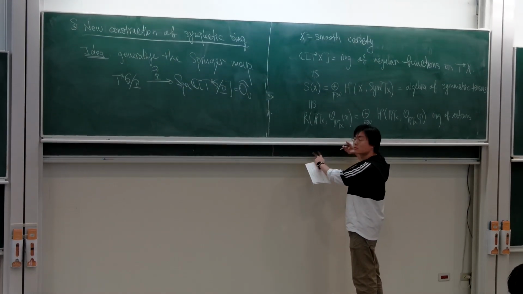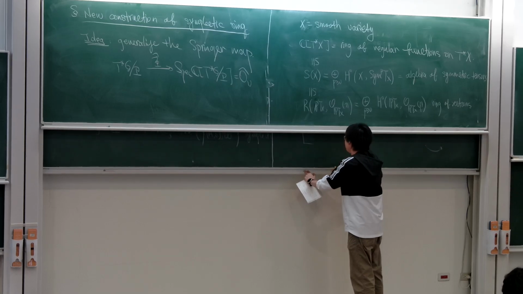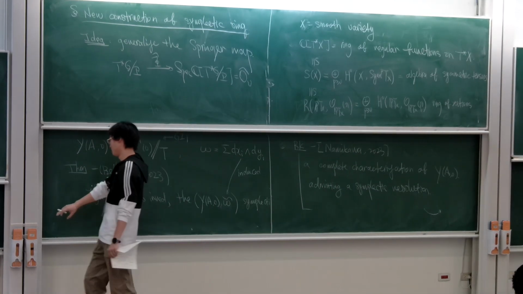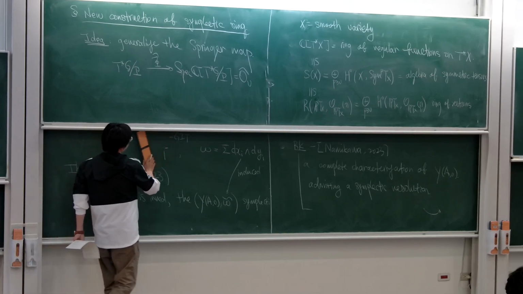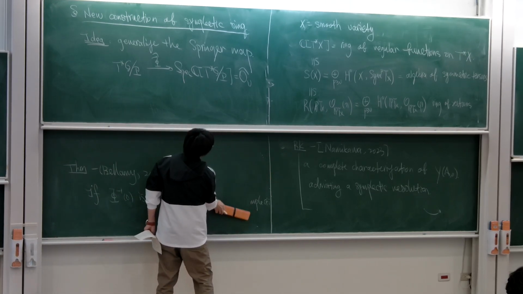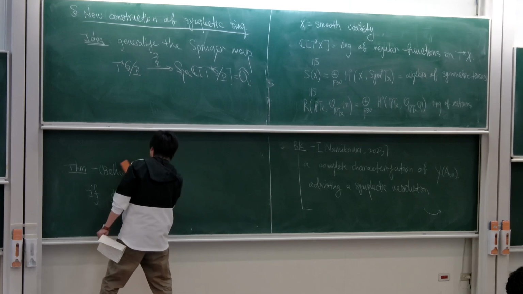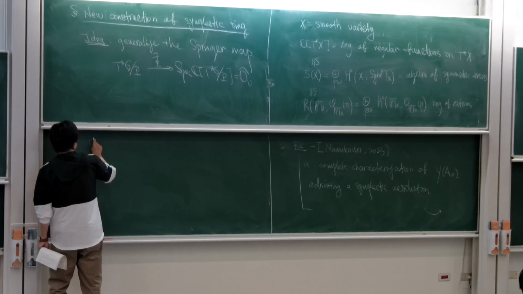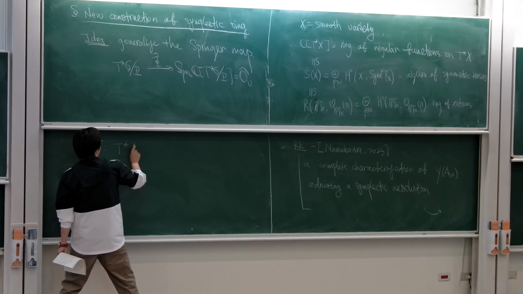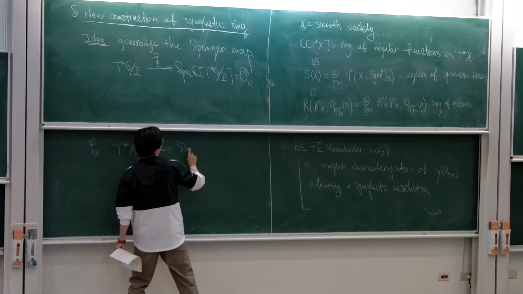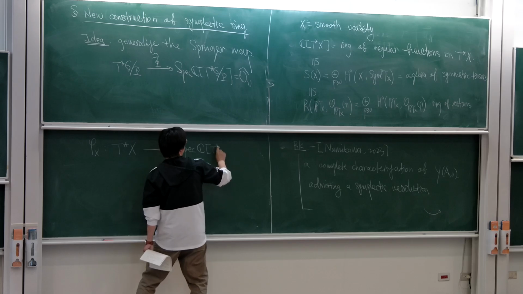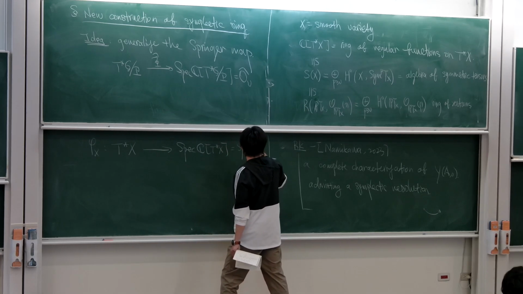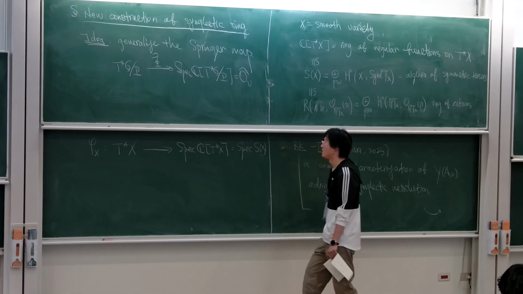Any questions? Now, as the Springer map, we just consider the natural map from the cotangent bundle of X to the Spec of this ring, the ring of regular functions on this one. So this is also Spec of the algebra of symmetric tensors.